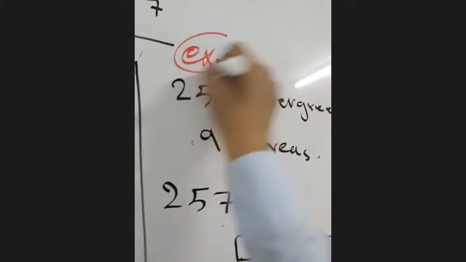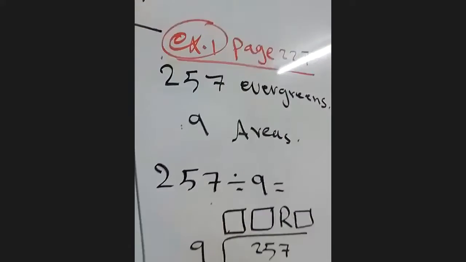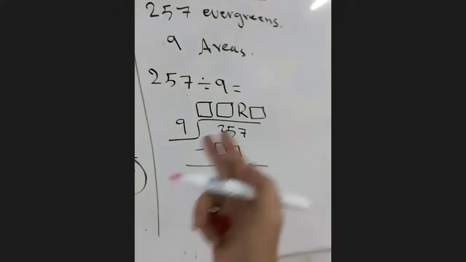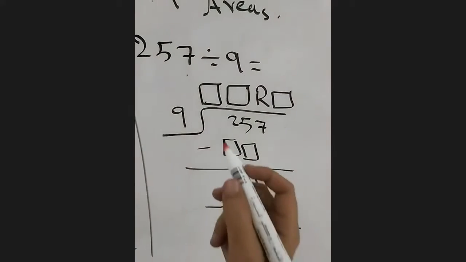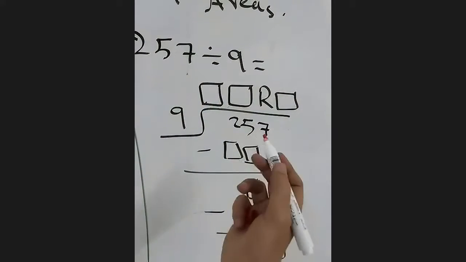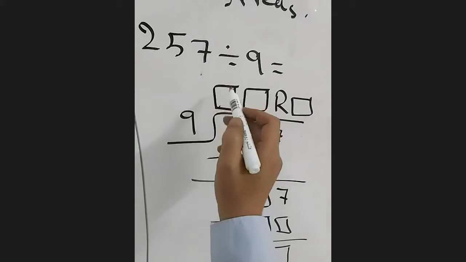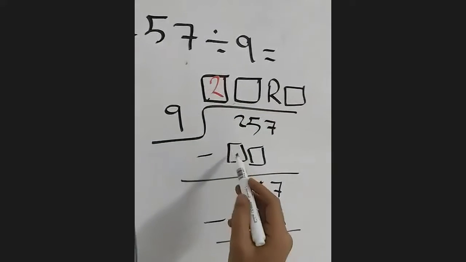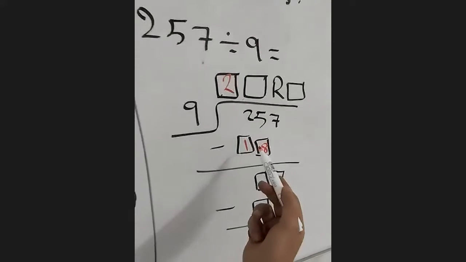This is example 1, page 227, so you can be with us. What will we do here? 2 divided by 9 we can't, so we will take 25. So we'll take 25 divided by 9. How much? 2. 2 times 9, 18. Fill the squares, guys.